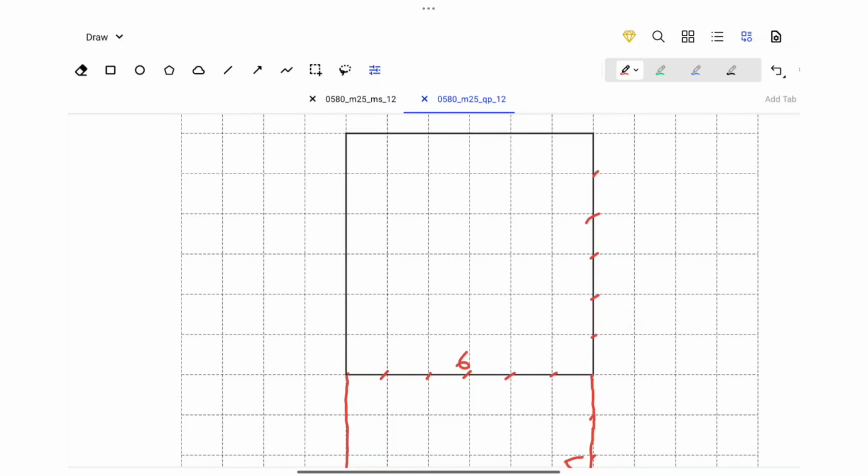Look, 1, 2, 3, 4, 5, 6. So here we are in the middle, right? You have to go 4 distance towards the right. 1, 2, 3, 4. So we can join this corner with this corner, and similarly we can join this with this also.